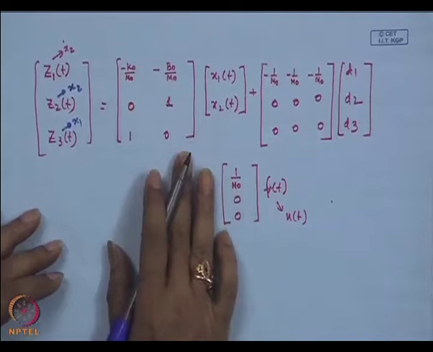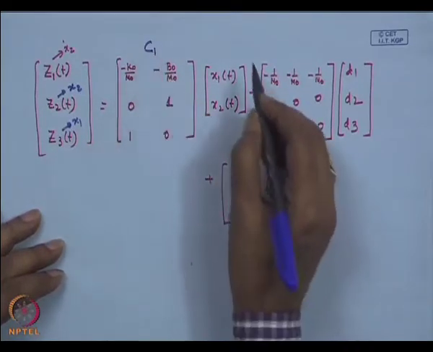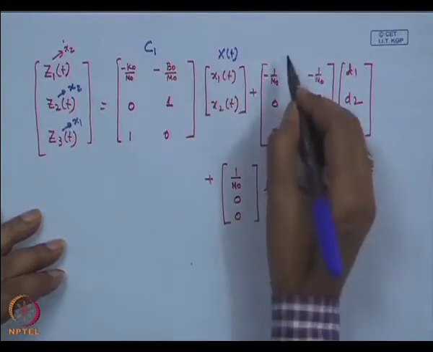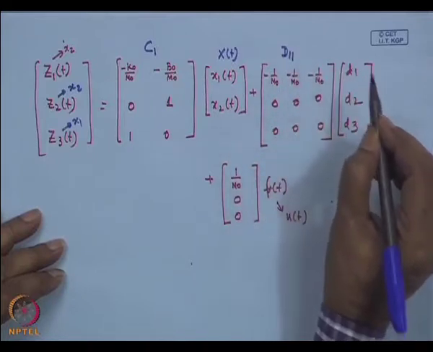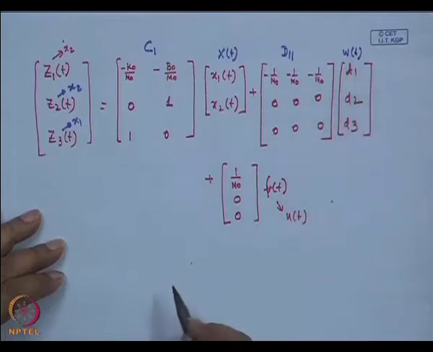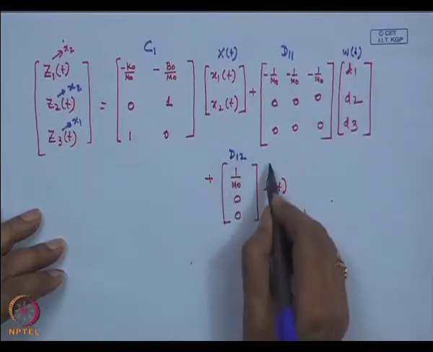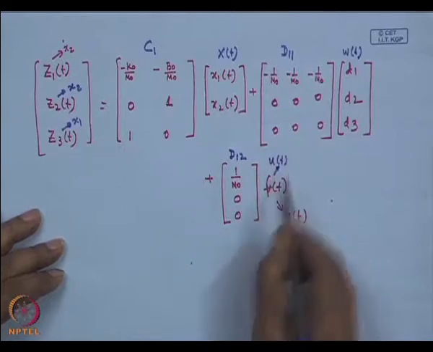So, we consider this is our C 1 and this is our x of t, and this is our D 1 1 and this is our w of t, or in general, that is D 1 2 and this is u of t.